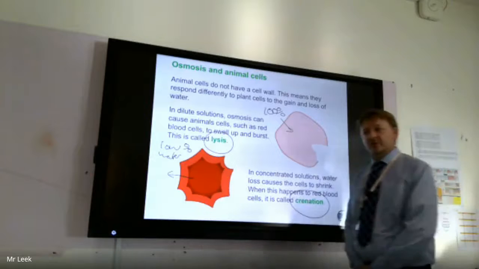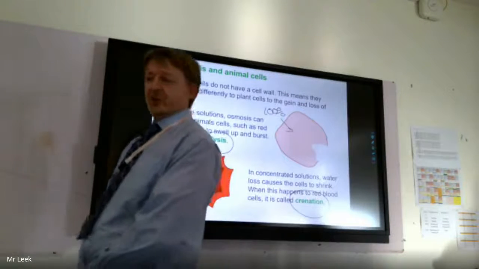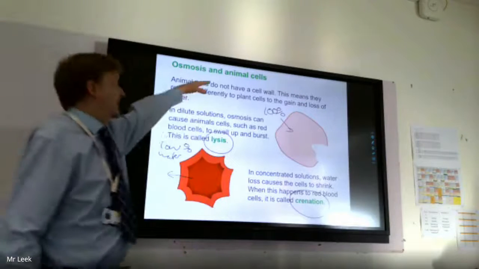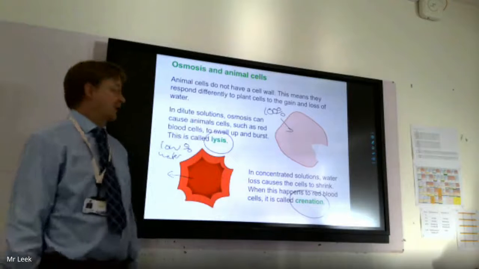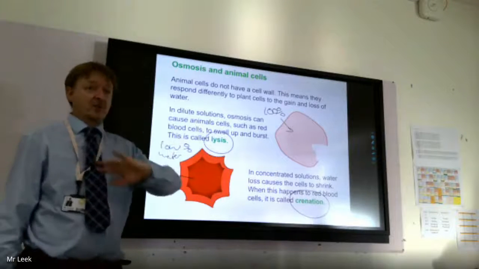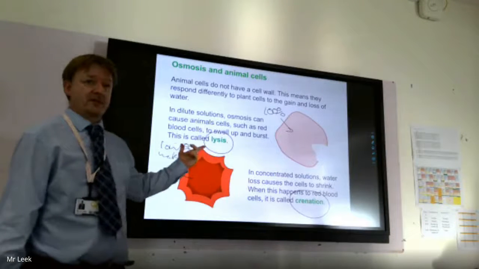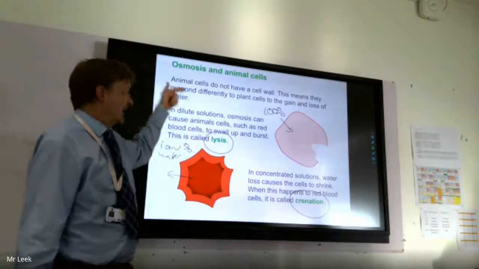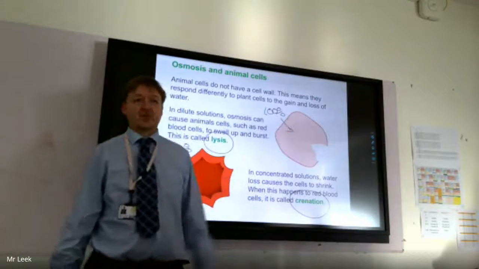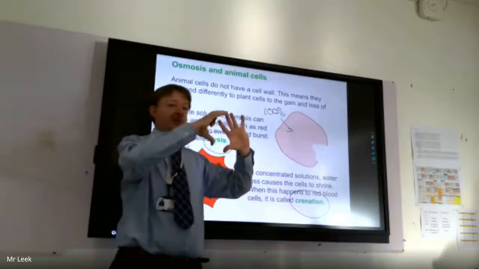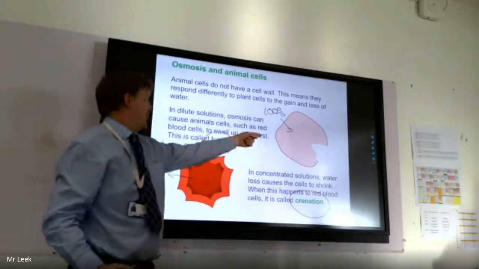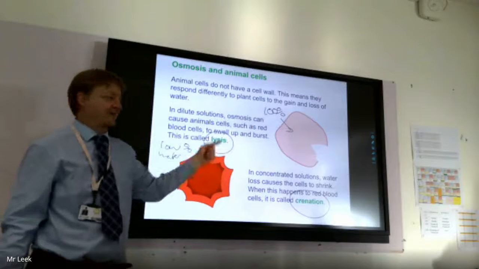Right, so what everybody should do, and those people at home as well, you should have written osmosis and animal cells as your title. The way that I always do this is you write your own terminology words down. If you put a red blood cell into 100% water, it swells because of osmosis, it bursts, and that's called lysis.